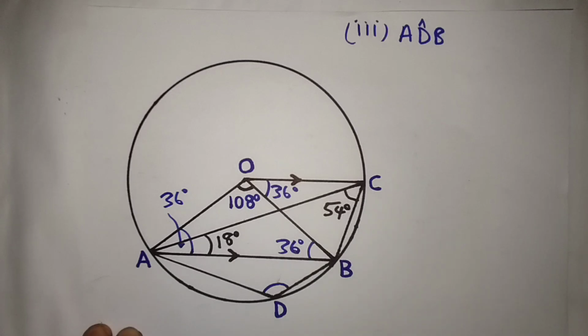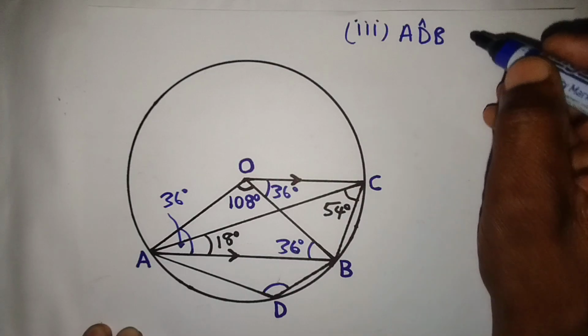So the sum of these two angles is equal to 180 degrees. So for us to find the size of angle ADB, we subtract 54 degrees from 180 degrees.